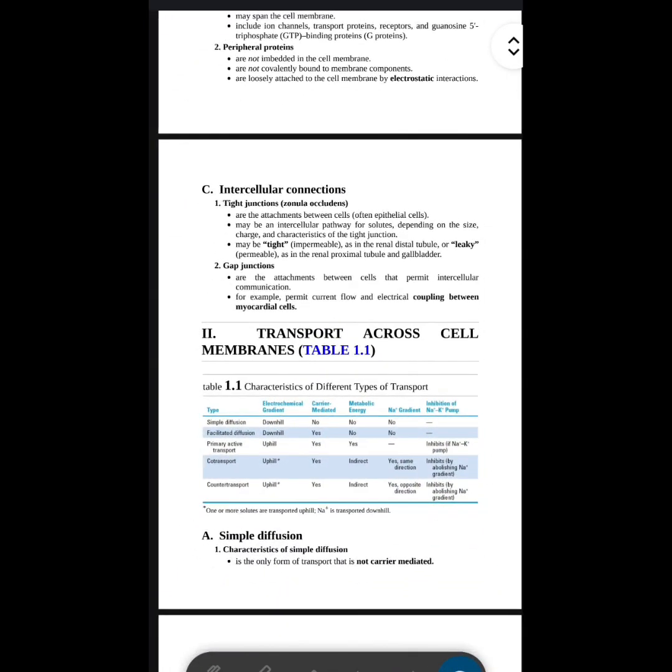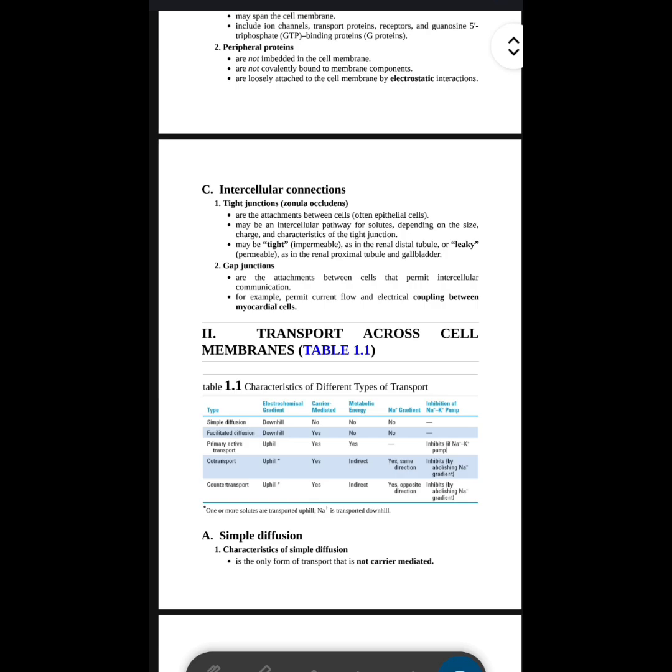Among the intercellular connections, one is the tight junction. Tight junctions, the zonula occludens, are the attachments between cells, often epithelial cells, and may form intercellular pathways for solutes depending on the size, charge, and characteristics of the tight junction.